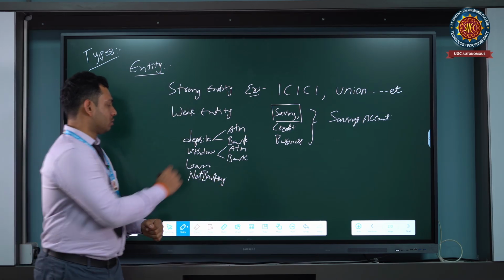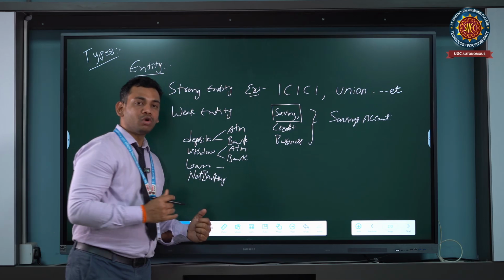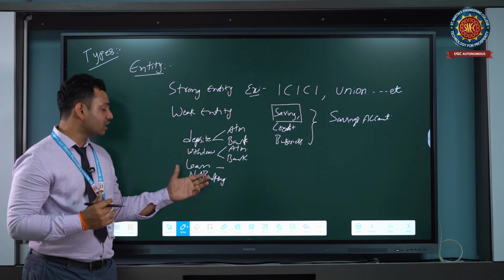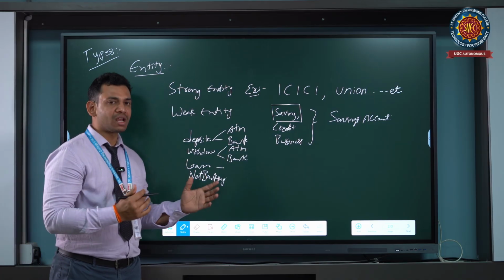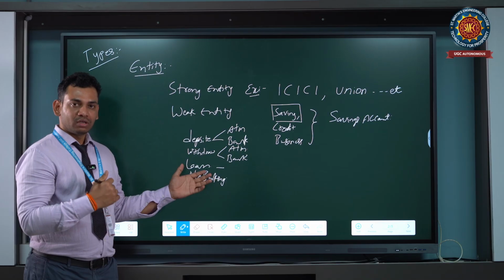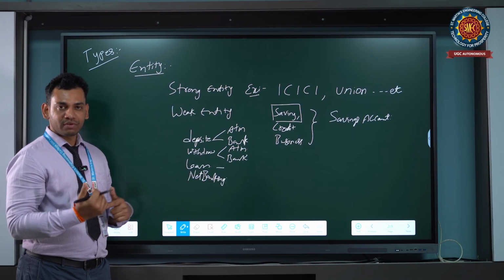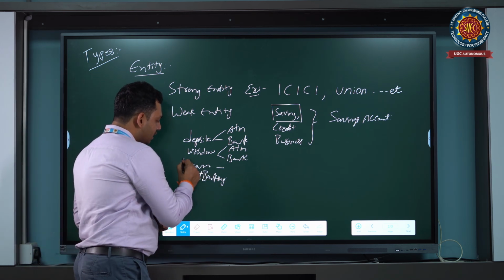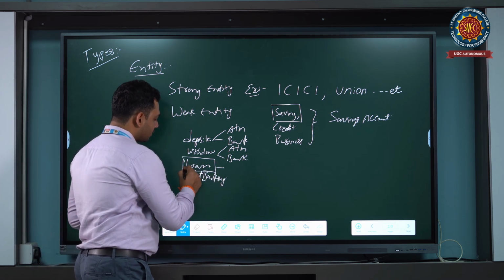And loan is preferred by only a few customers. Not all customers prefer the loan amount. If they want to take a loan they will choose it; if not, they will not. So it is a weak entity, we can say.